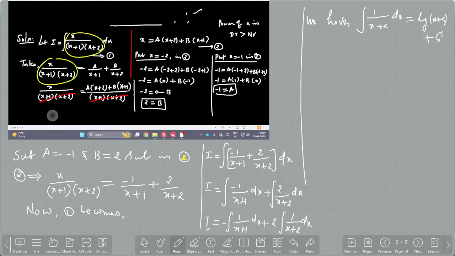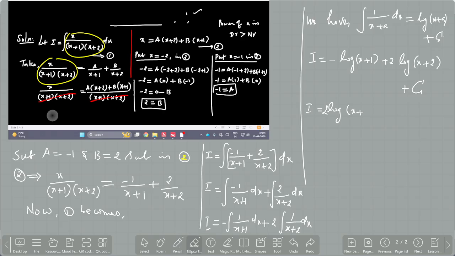Any doubt, students? Now I equal to minus log of x plus 1, plus 2 into log of x plus 2, plus c. Otherwise, you can rewrite I equal to 2 into log of x plus 2.